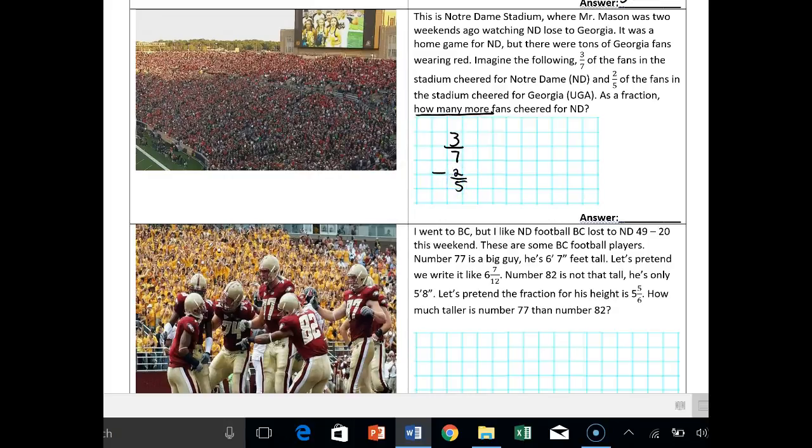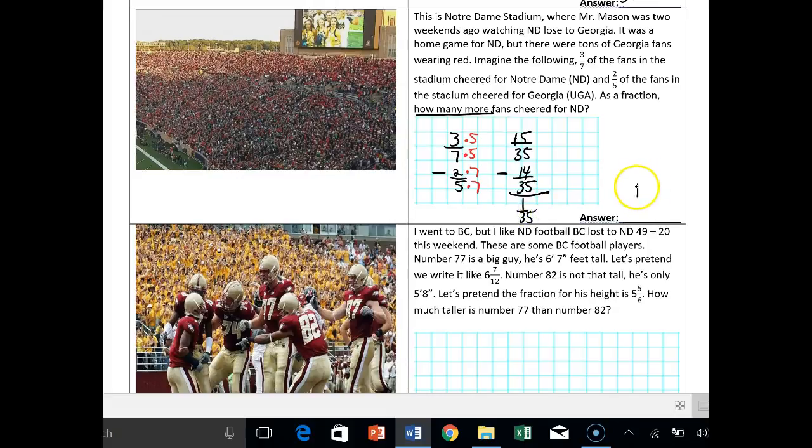They have different denominators, so I can't just subtract. I put my finger on the 7, finger on the 5, go across. 35 is the least common multiple. So times 5 on top for the first and times 7 for the second. What do I get? I get 15 over 35 minus 14 over 35. And my answer happens to be 1 over 35.